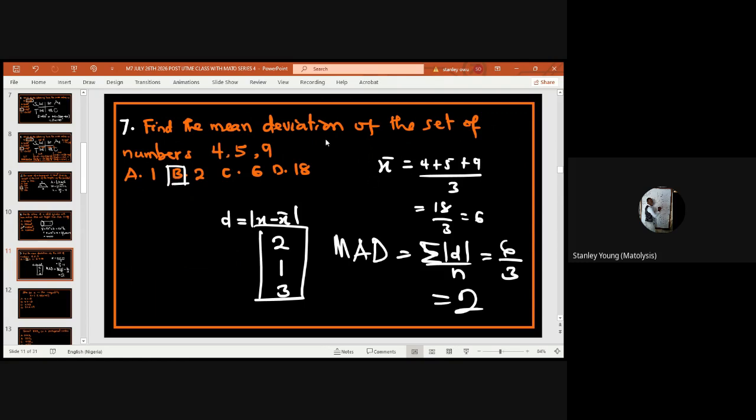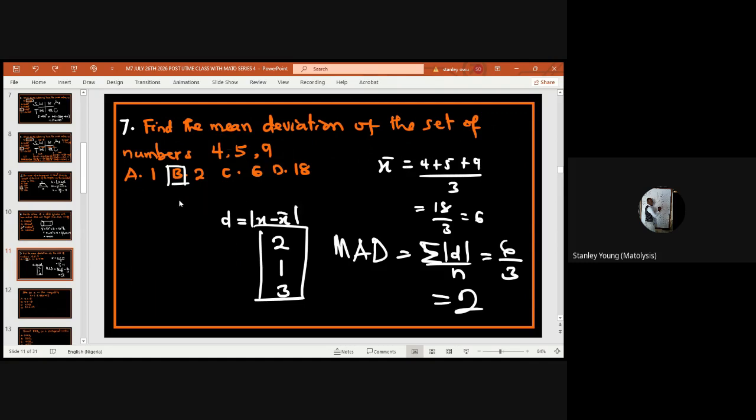Let's say you want to be a smart student and you want to look at the options and predict the answer. You have 4, 5, 9, and you can see the gap between 4 and 5 is like 1, and the gap between 5 and 9 is like 4. So they are not that close to themselves.